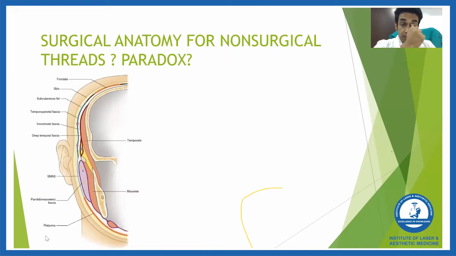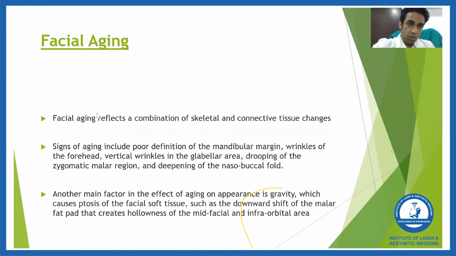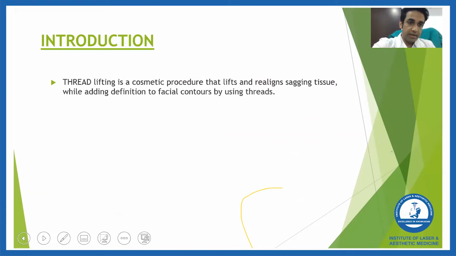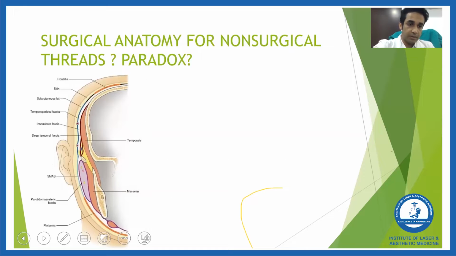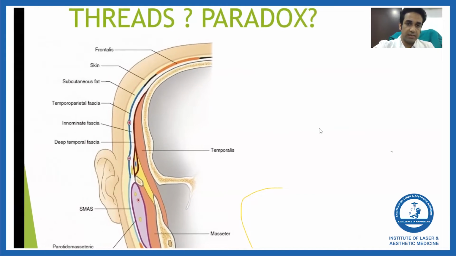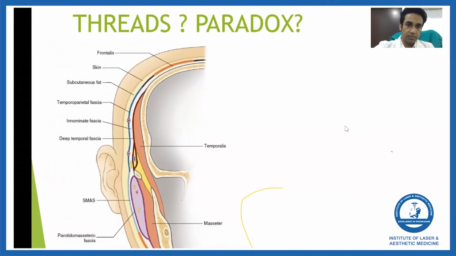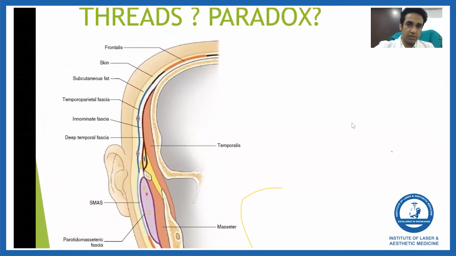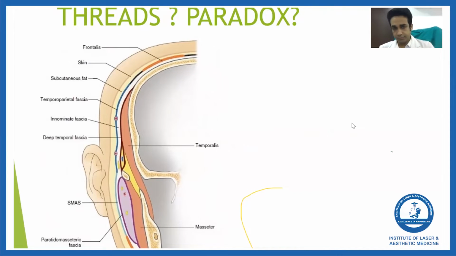So when we are talking about something non-surgical, why is the surgical anatomy of any importance? This is where I want to put some light. Okay, I'm zooming in the screen a little. I hope all of you can see the zoomed in screen. All right.